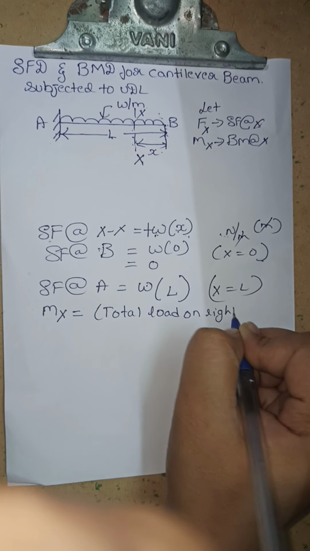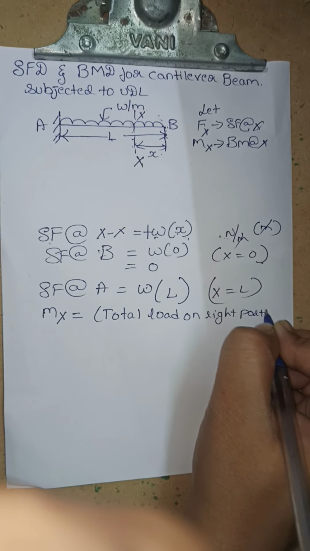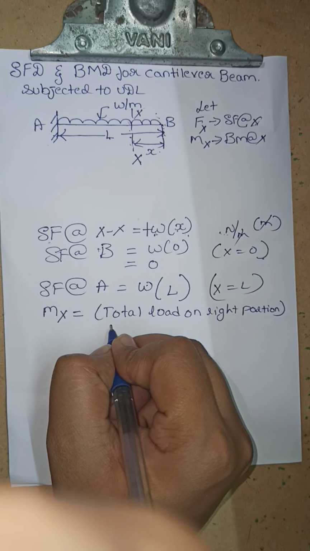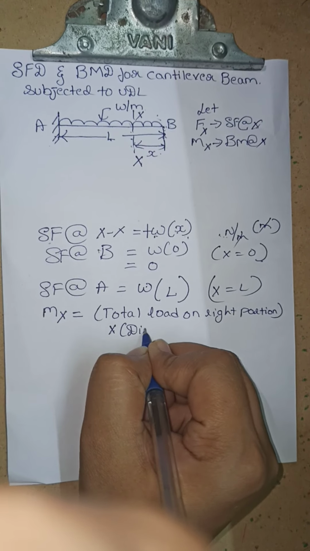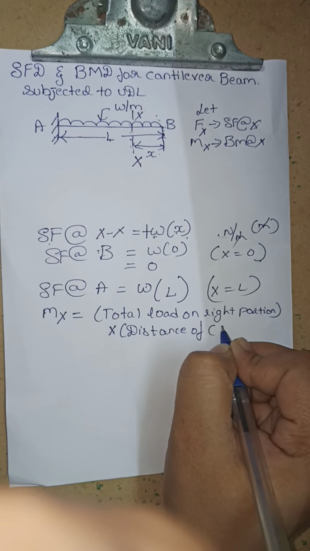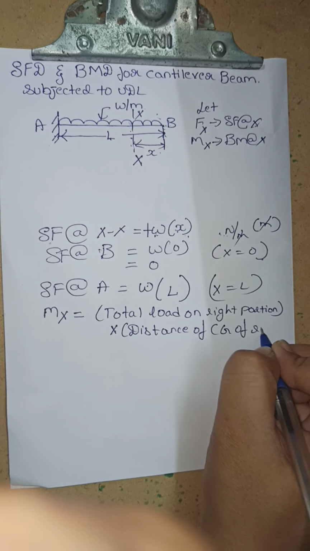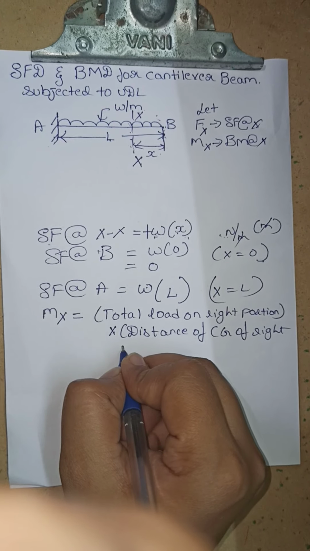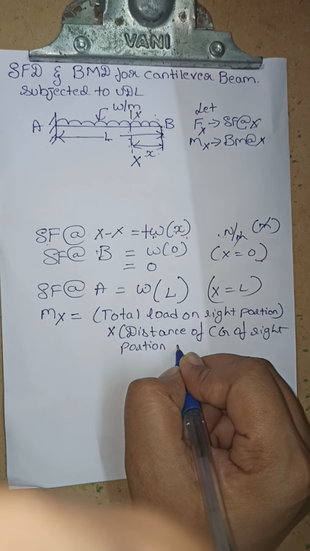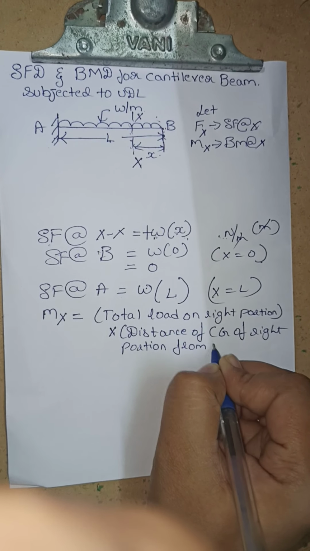Why the right side portion? Because we are going to take the right side as a reference, multiplied with the distance of the CG of the right portion from X.